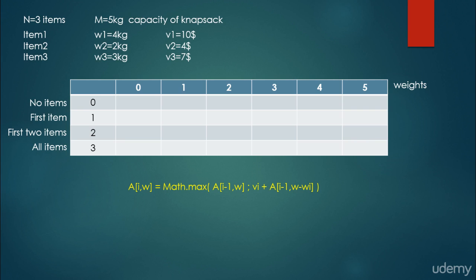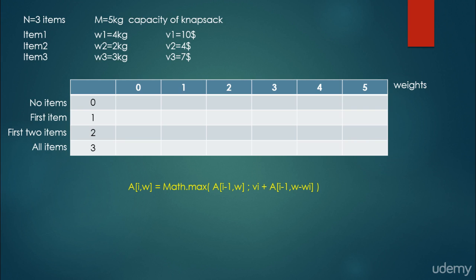Then we assume that we have the first two items, and we rely heavily on the previous row of the knapsack table, and this is why we call it dynamic programming, because we rely on the previous row's information.